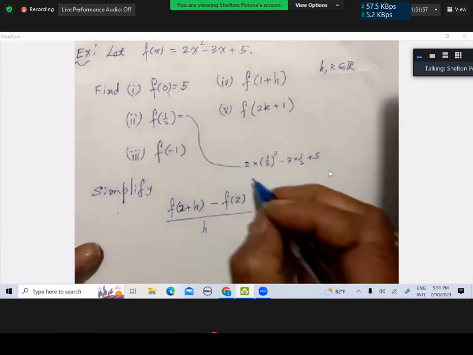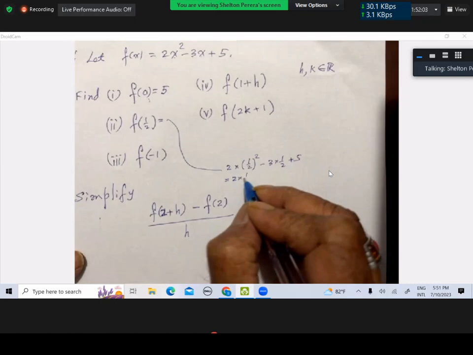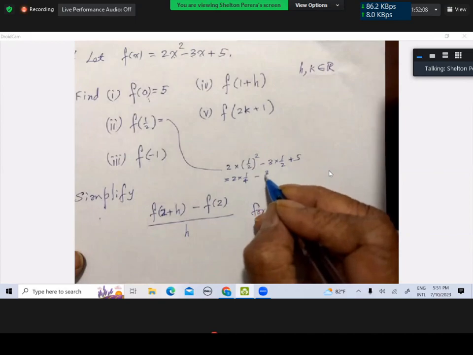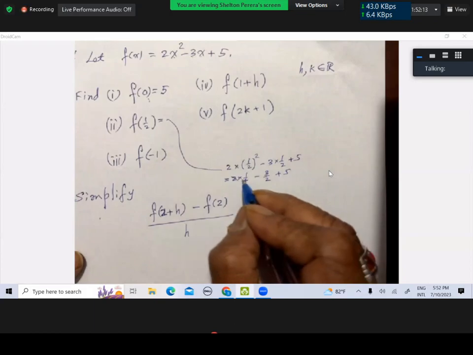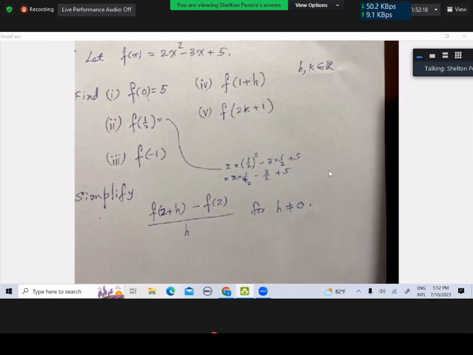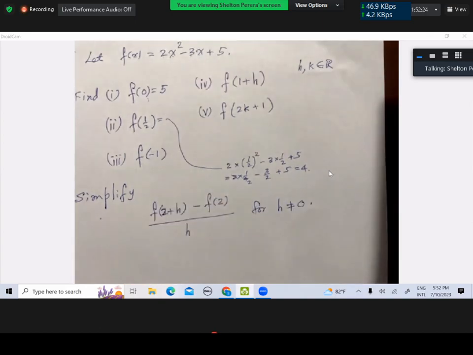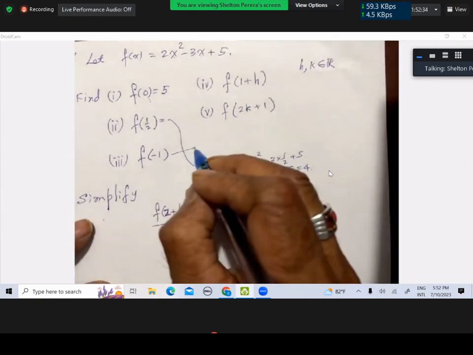So now this is equal to 2 times 1 over 4, half times half is 1 over 4, minus 3 over 2 plus 5. This is half minus 3 over 2, that is minus 1. Minus 1 plus 5 is 4. So if you are not feeling comfortable, please sharpen your computation skills.